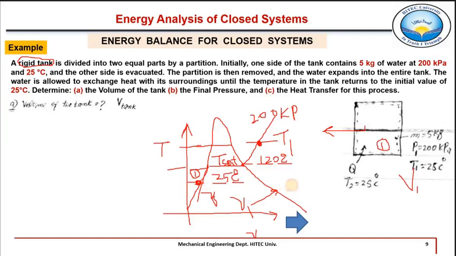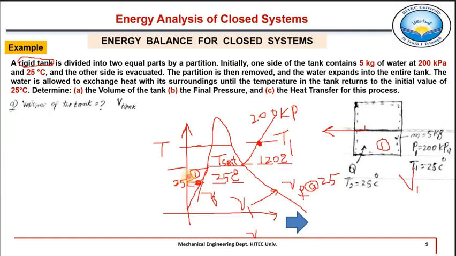V1 can be considered as Vf at that temperature, which is 25 degrees Celsius. We can neglect the effect of pressure, and this value can be assumed at the saturated liquid point corresponding to the temperature of 25 degrees Celsius.